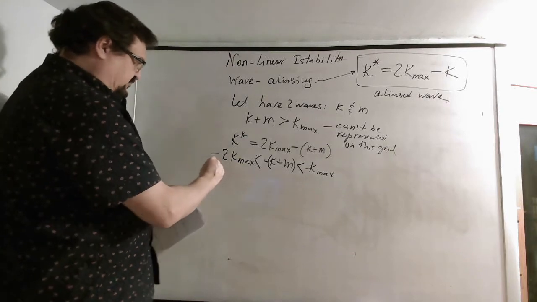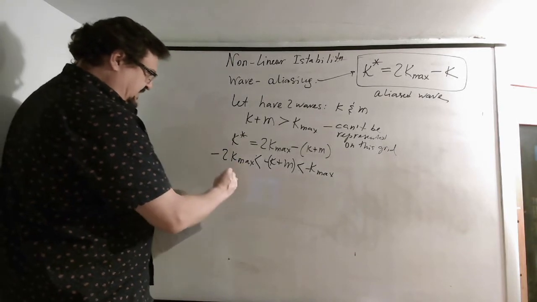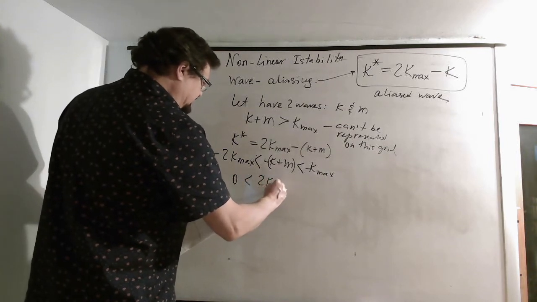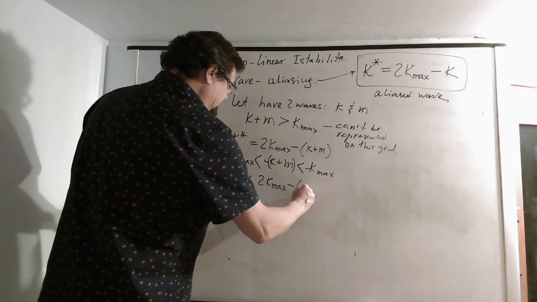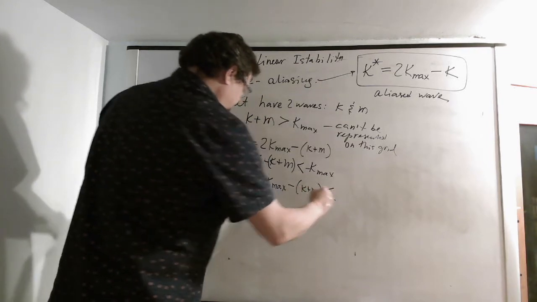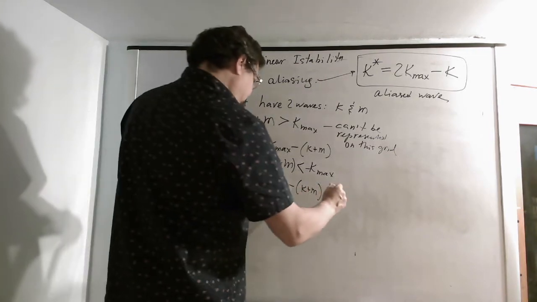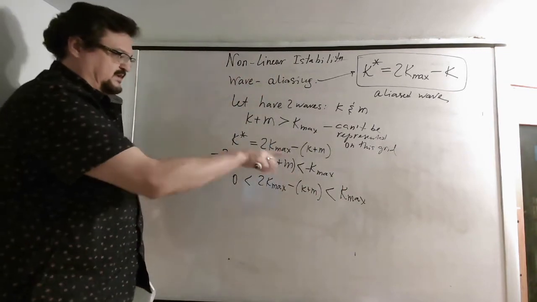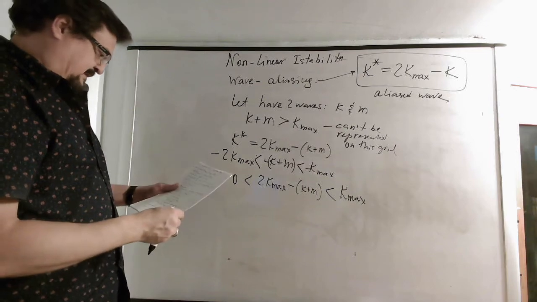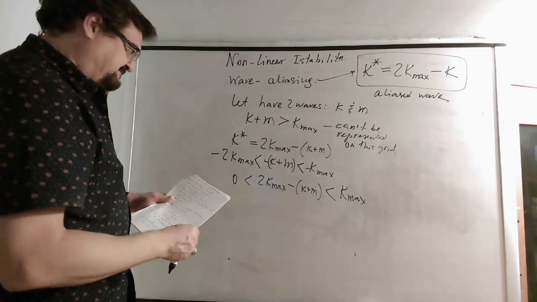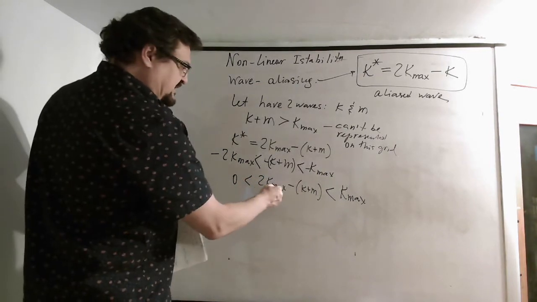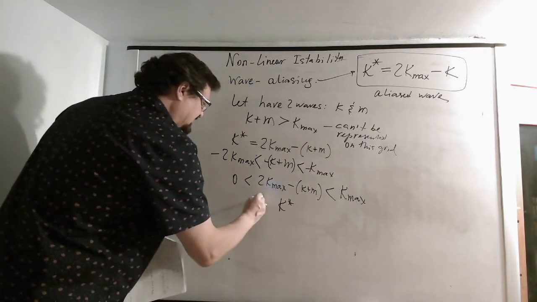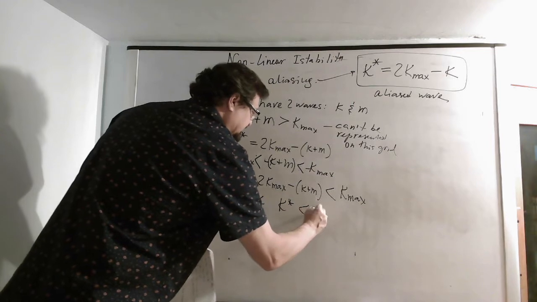Now we add 2k max to everybody. We have 0 smaller than 2k max minus k plus m, and smaller than k max. So this guy, 2k max minus this, our k star, is actually smaller than k max.